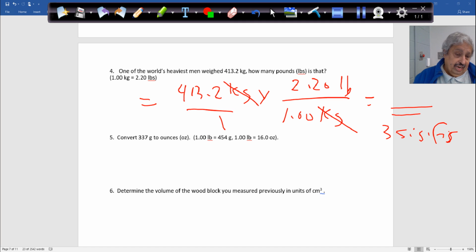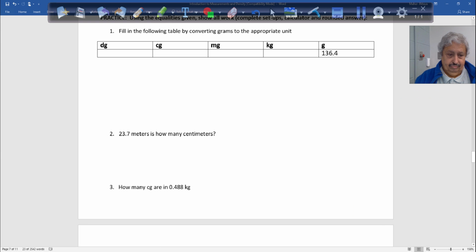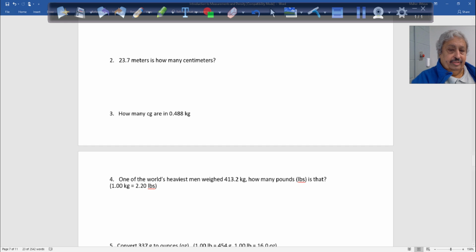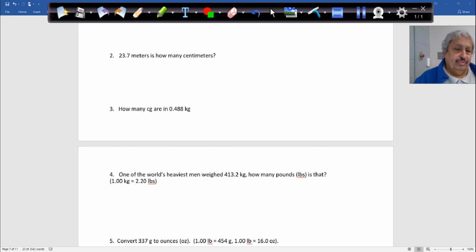Now, what I wanted to show you here is the other one. I need to know one of these, 2 or 3. We did the kilogram math. Let's take this one here, guys.